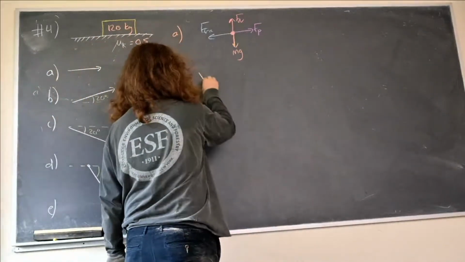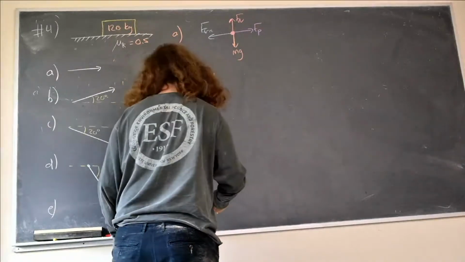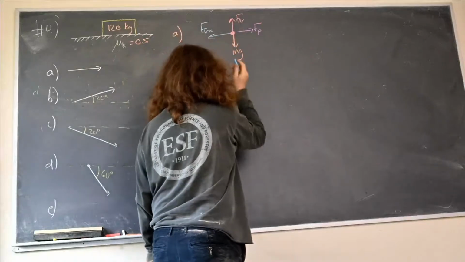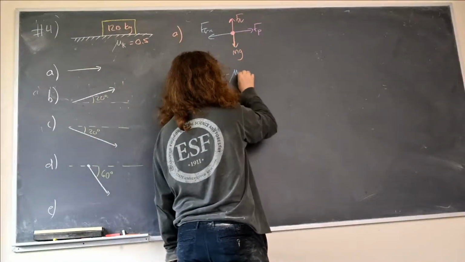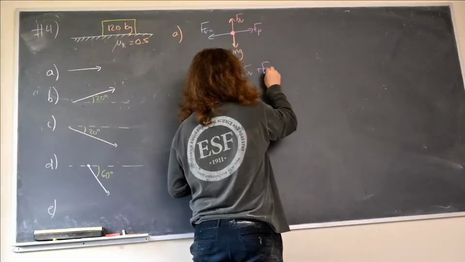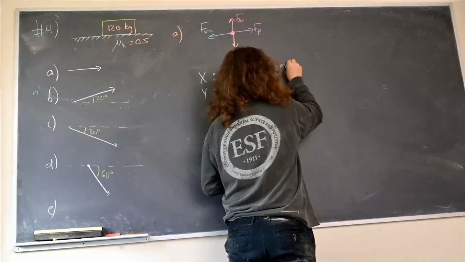So we have X and Y expressions of Newton's law. So in the X direction, I've got minus mu K times the normal force plus F push equals max.